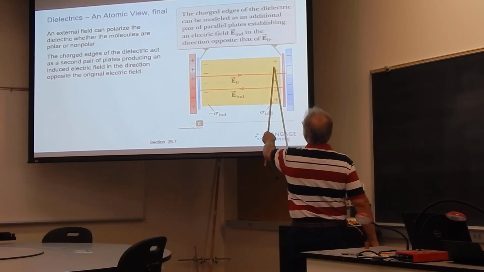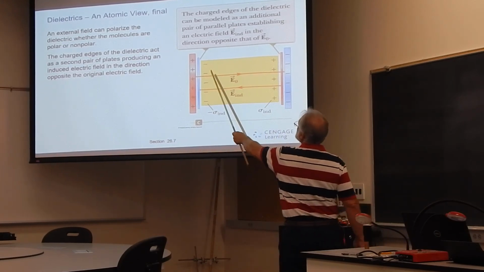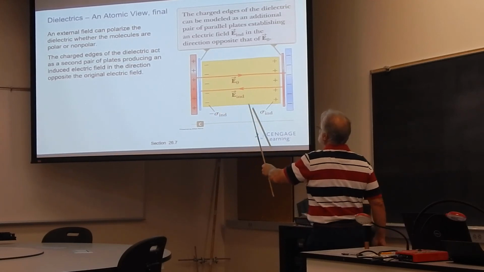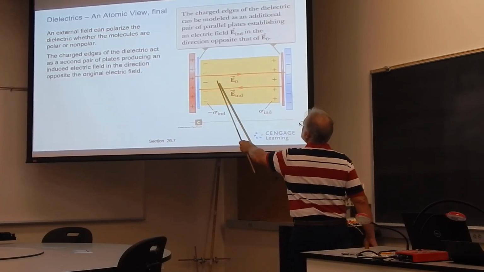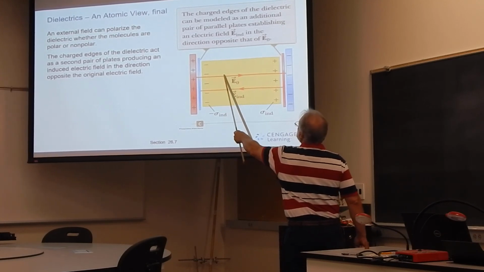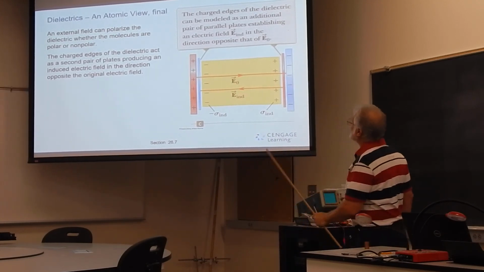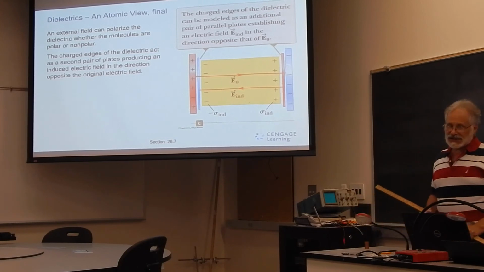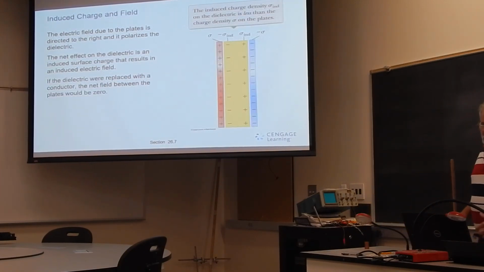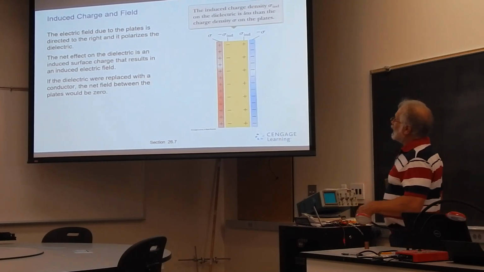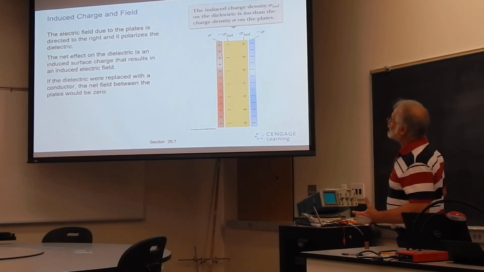So I'm inducing a positive charge in the dielectric on this side, a negative charge on this side, and so I have a field induced going from right to left, as well as a field going from left to right due to the capacitor. That's just another example of how they work on a smaller, microscopic level.